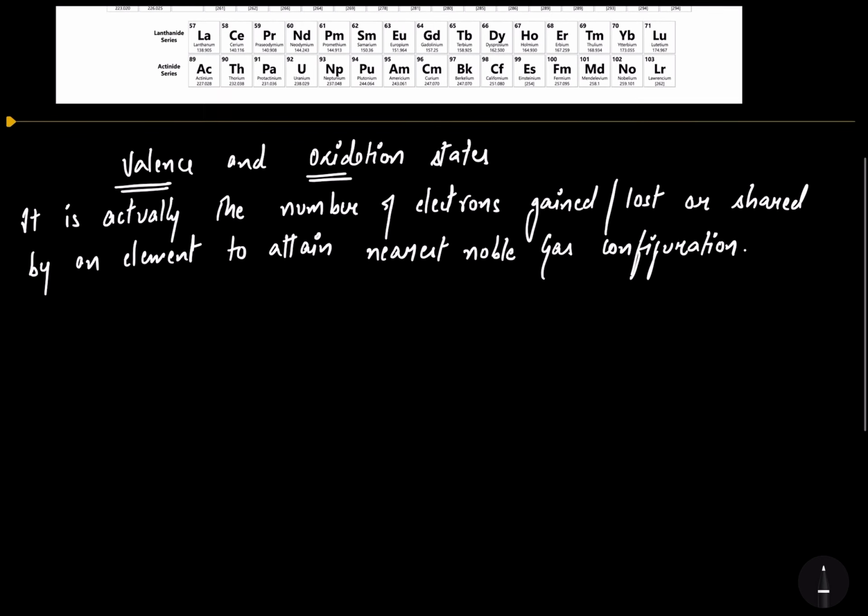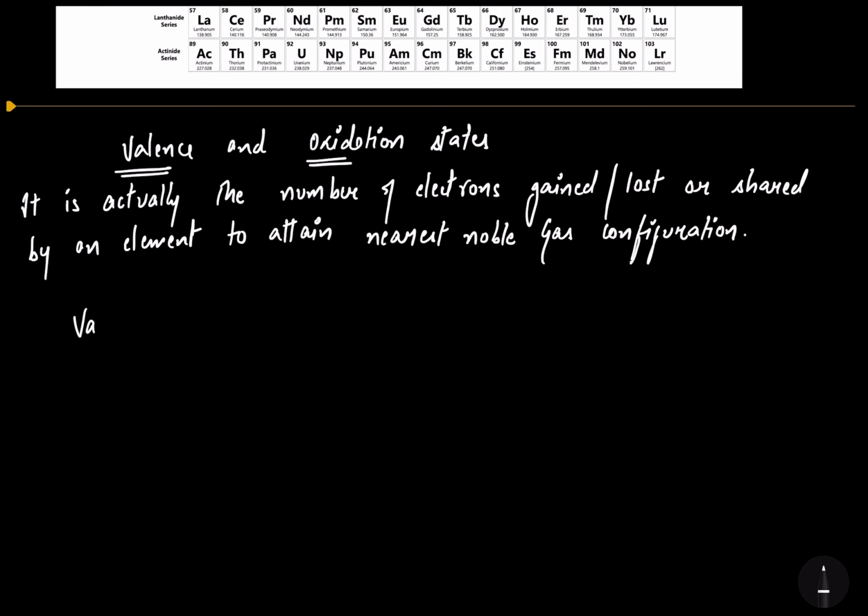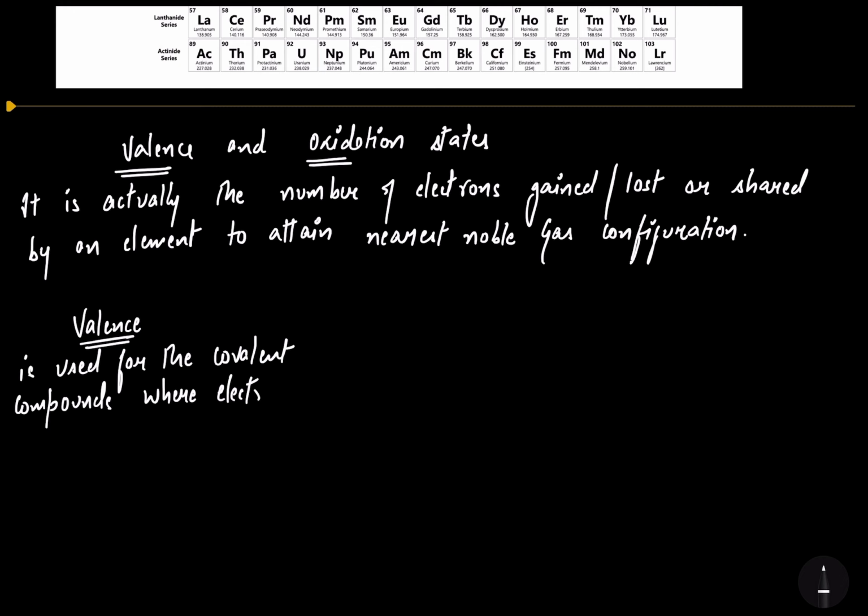Now, the word valence is used for the covalent compounds, where electrons are shared between elements to attain a stable noble gas configuration.